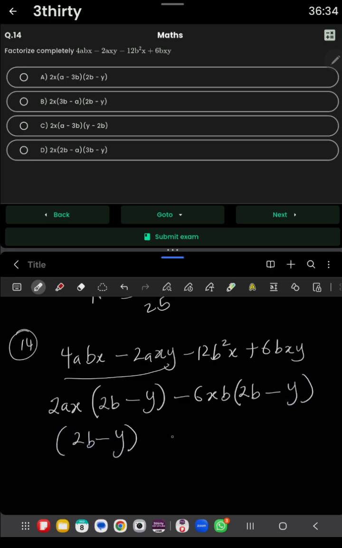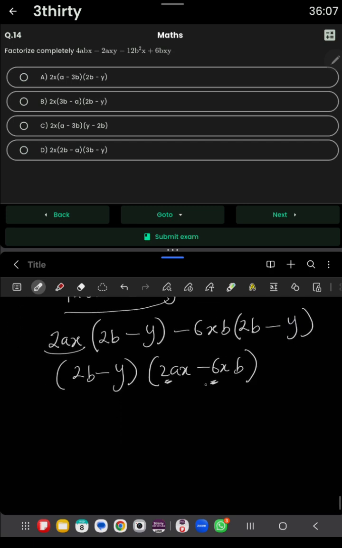You have 2ax minus 6xb. Okay, so here 2 and 6. So what we could have done at the beginning was factor out 2. That's one way of doing it, but we can also factor out the 2 at this point. That would have been a better way of doing it: factor 2 at the beginning, but it's still not bad at this point.